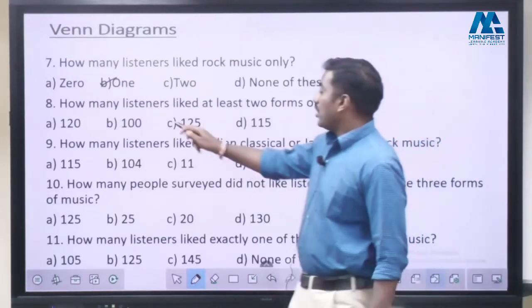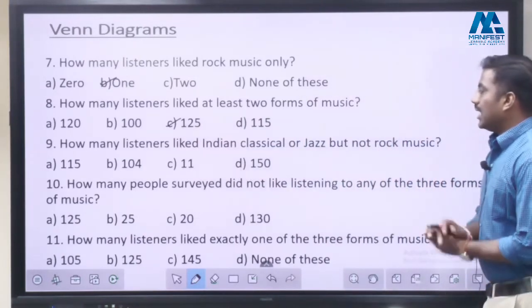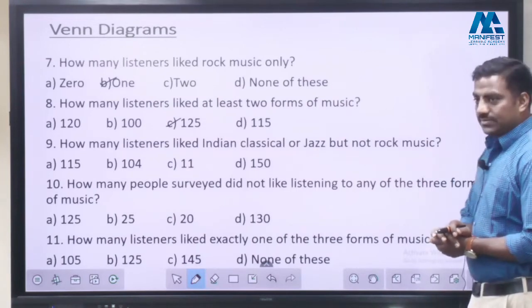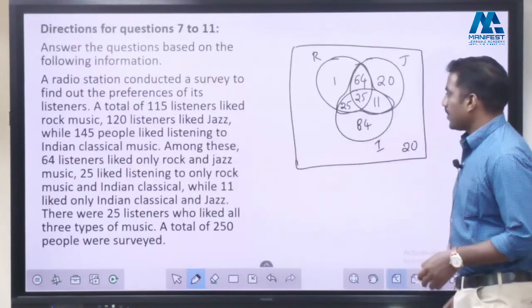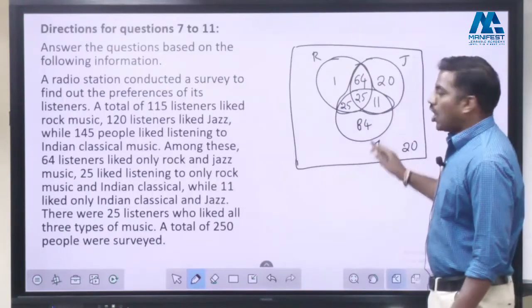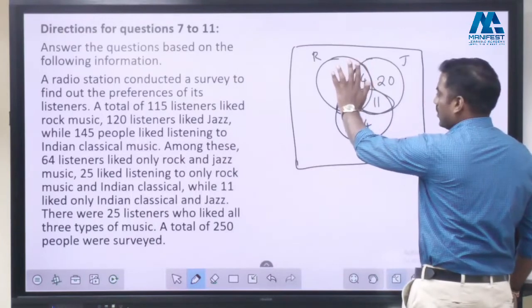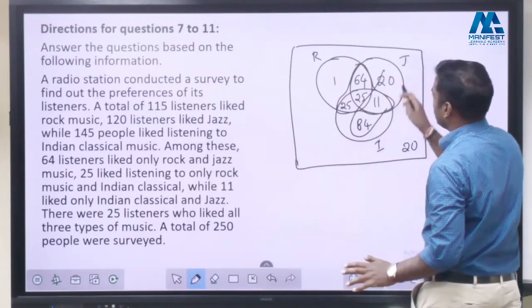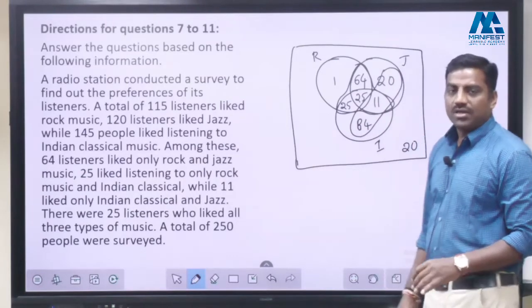That is 125. How many listeners liked Indian classical or jazz but not rock? Jazz or this one but not rock. Keep your hand on rock. Except these and these fellows. 20 plus 11 plus 84, 115.